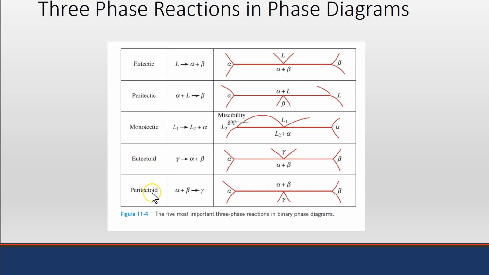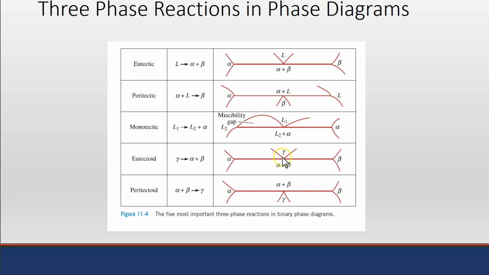Eutectoid and peritectoid are different from the three above because they occur in a solid state. Notice that there's no liquid in these reactions. In the eutectoid, you'll notice that it looks very similar to the eutectic. The eutectic occurs with the liquid phase, but the eutectoid is an entirely solid phase reaction.